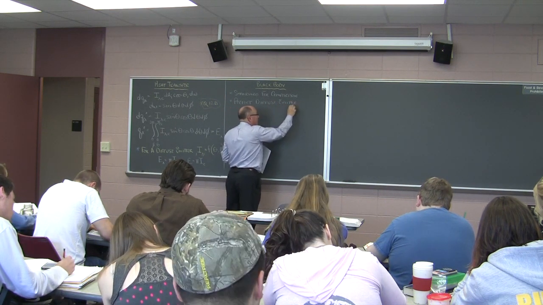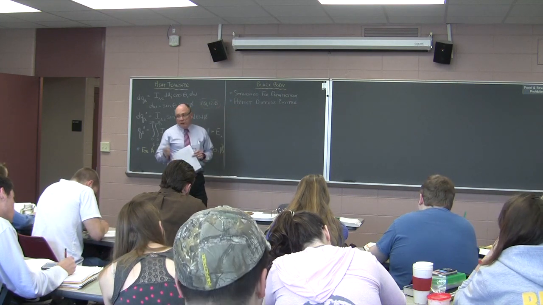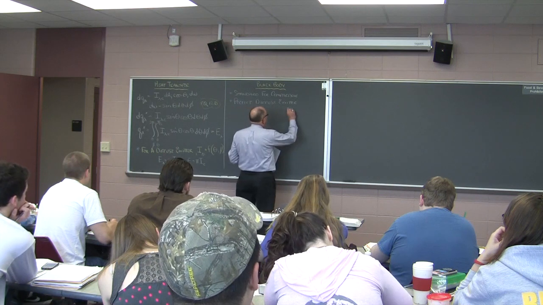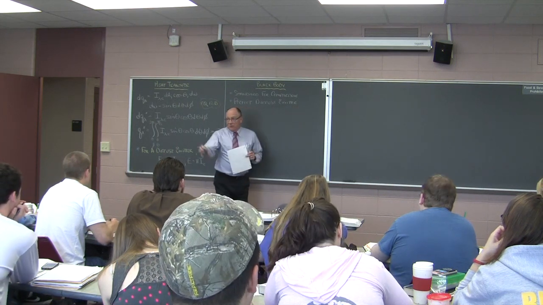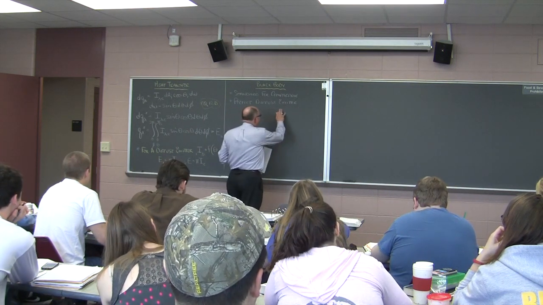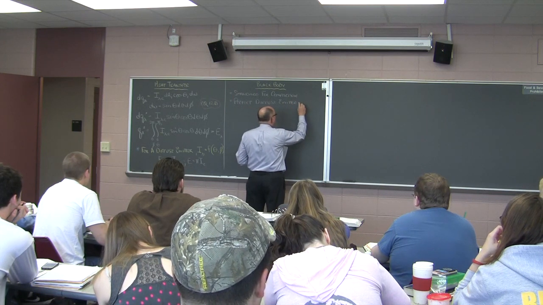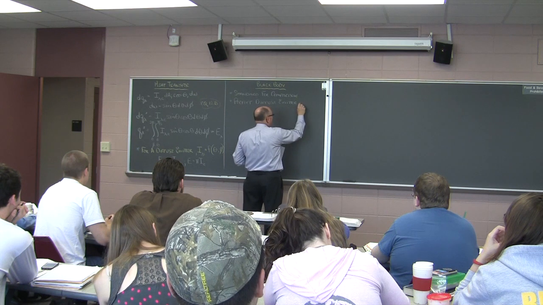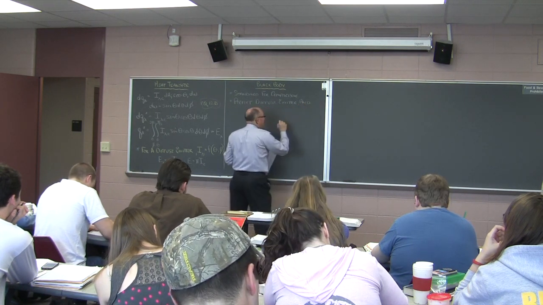Now here's where the comparison between a black body and a black hole goes away. Black bodies do emit. Our black holes supposedly don't emit, Hawking radiation notwithstanding. But black bodies do, and they are perfect emitters, and they emit diffusely, and they are perfect absorbers.